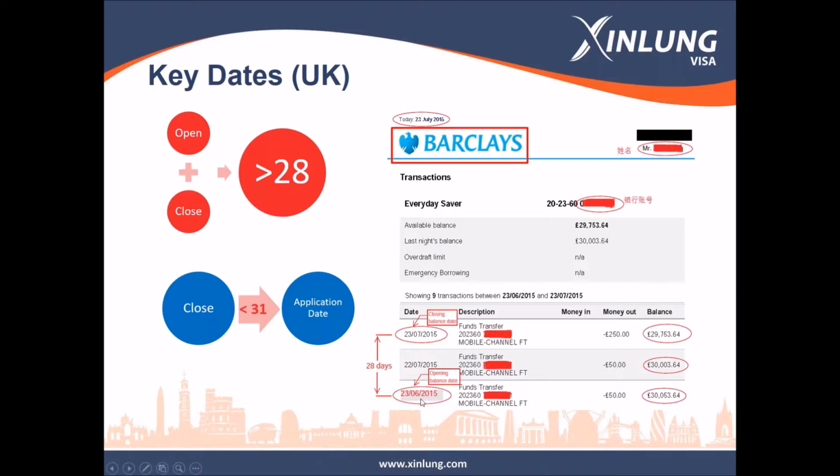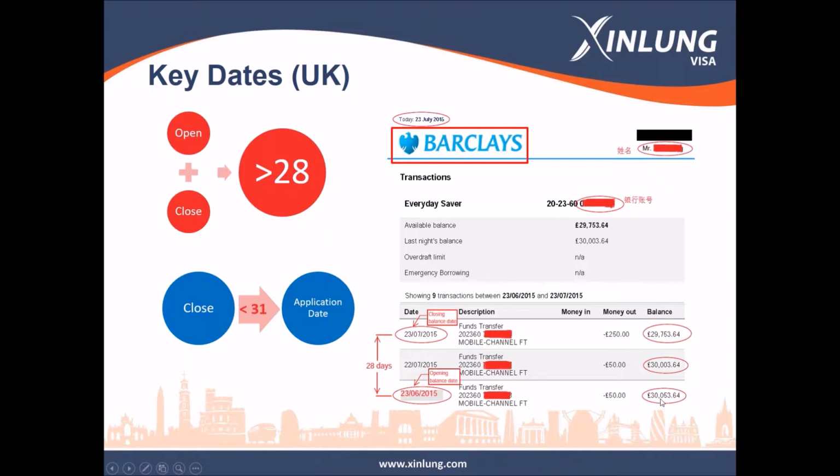So then it goes towards July. It covers from 23rd of June to 23rd of July. So this is 31 days, so more than the required 28 days, which is fine. Now we need to look at the balance column to make sure between these 28 days the money has always been maintained there.